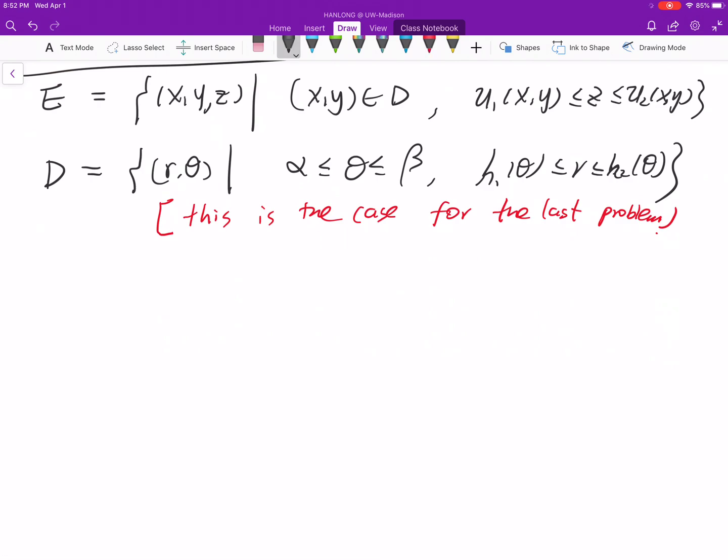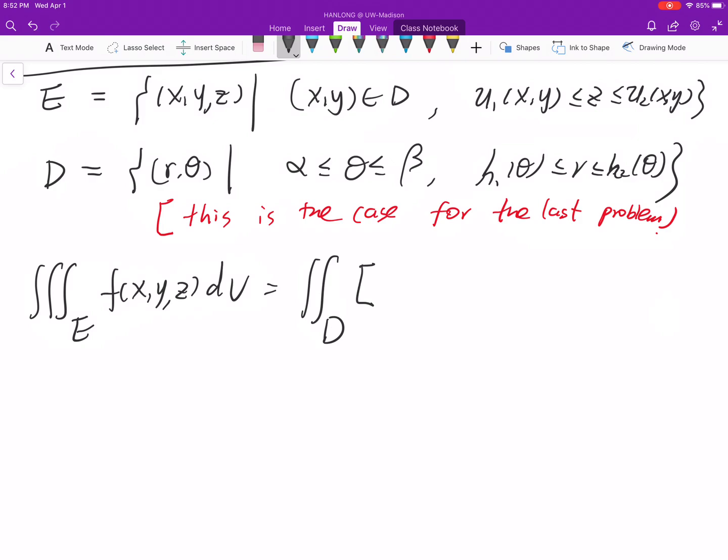Okay, then the integral of f over E can be evaluated by the double integral over D, and then inside you have the integral with respect to z from u1(x, y) to u2(x, y).